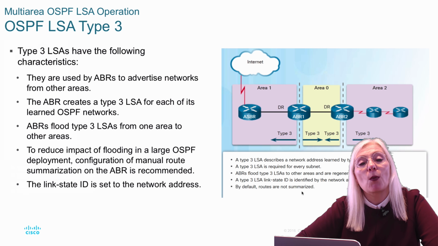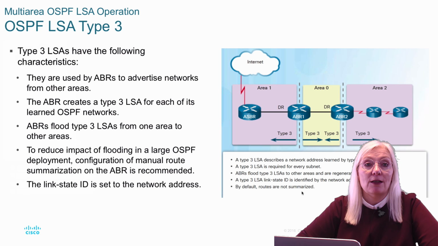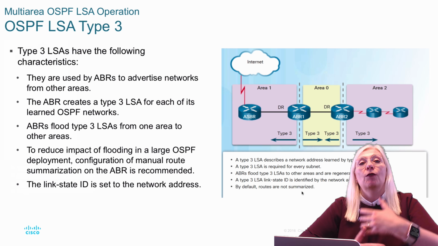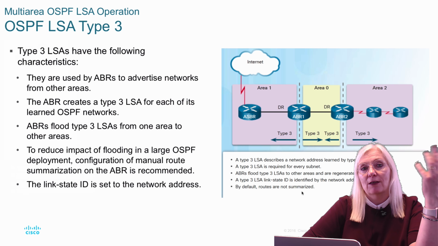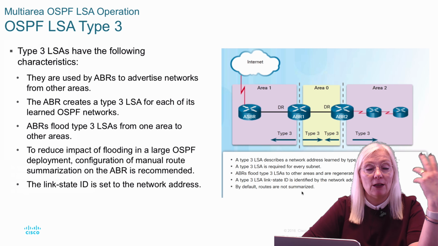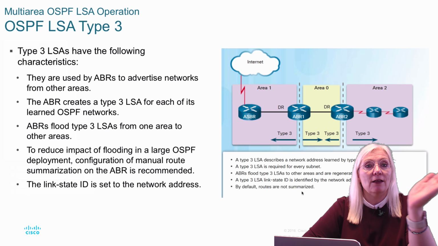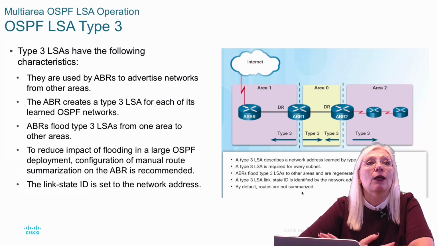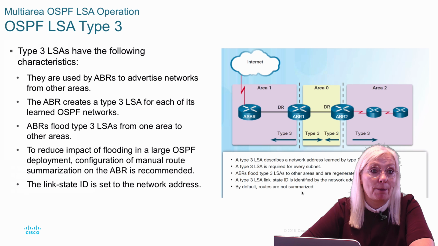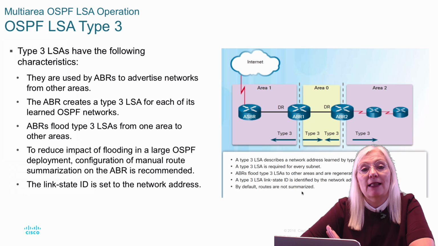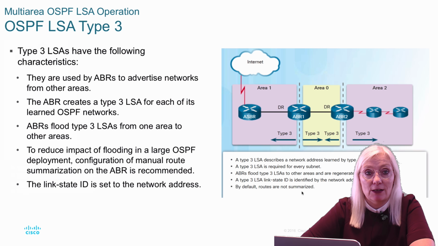So this is when we want to connect different areas. If you have learned something with a type 1 LSA within your area and you want to tell the other areas about this network, you are using a type 3. And by default here we can see that the routes are not summarized.